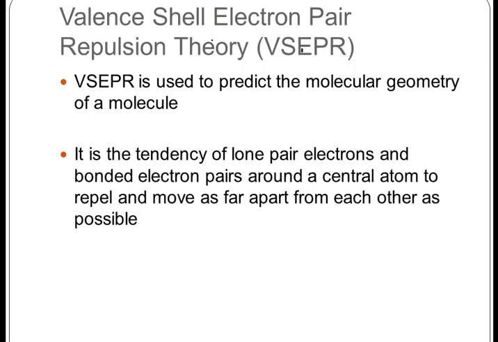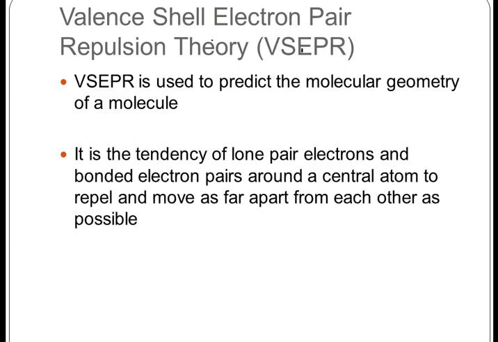What we use to predict the molecular structure is called the valence shell electron pair repulsion theory, or VSEPR. VSEPR is used to predict the molecular geometry of a molecule, and it is the tendency of a lone pair of electrons and the bonded pair of electrons around a central atom to repel and move as far apart from each other as possible.